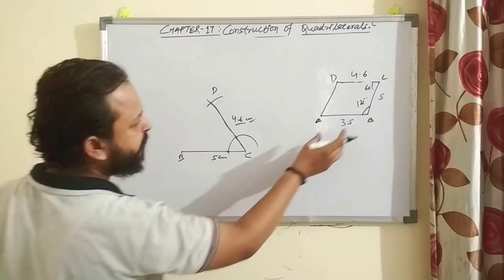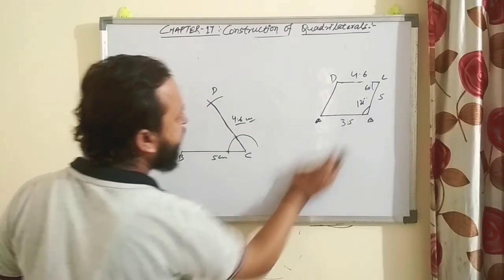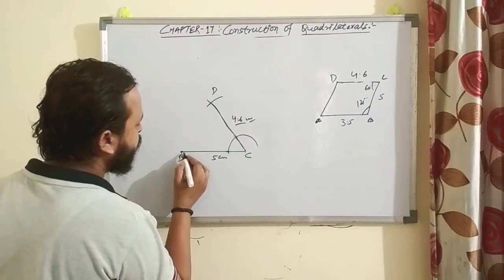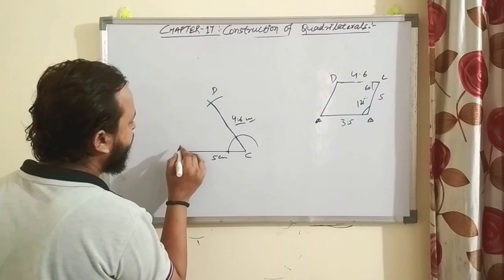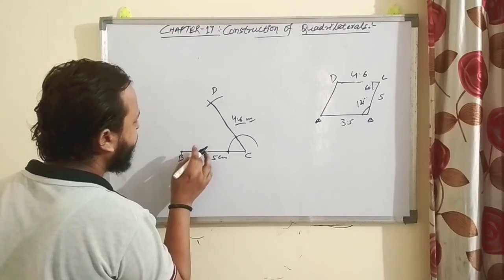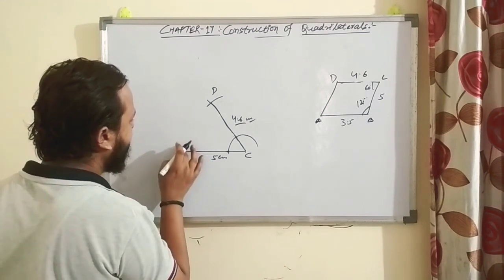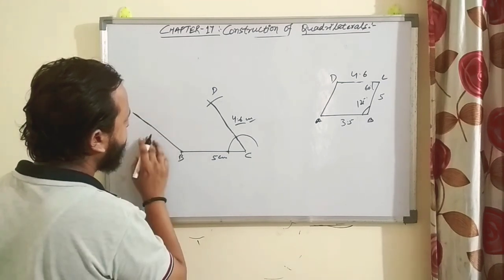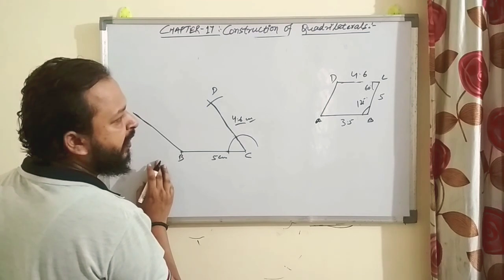So now make an angle of 125 degree at point B. Use the protractor, right? Draw an angle of 125 degree. Here 90, somewhere like this, right?